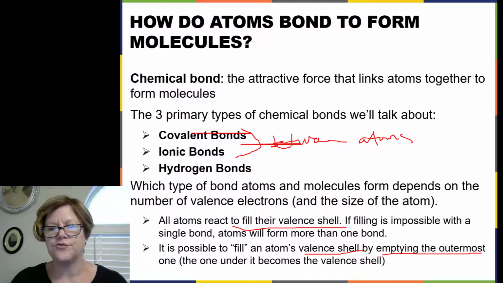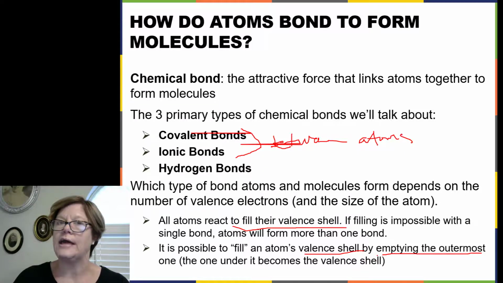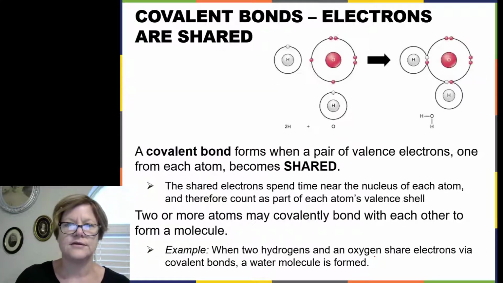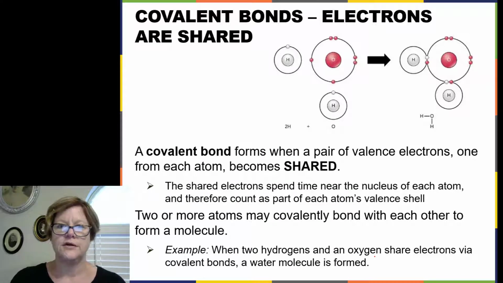Maybe it has one electron in its valence shell. Sometimes it's easier for it to give that electron away. And remember, if the shell doesn't have any electrons, it disappears, such that the shell before it, the previous shell, is then the valence shell, which is full. So that's something that's pretty common as well.